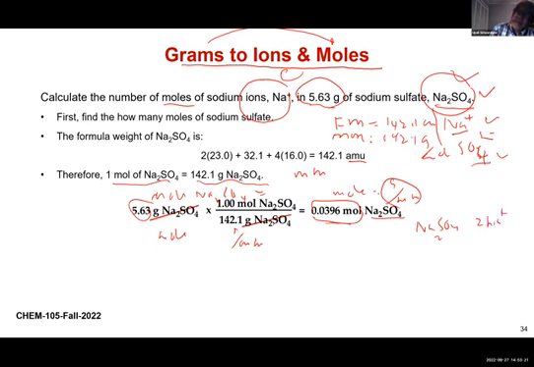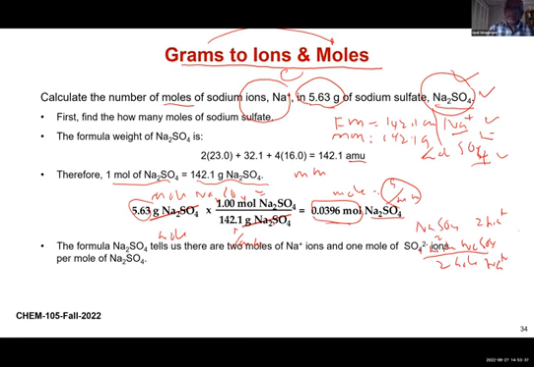The conversion factor is 1 mole of sodium sulfate is equal to 2 moles of sodium ions. So that conversion factor is used to get sodium ions.